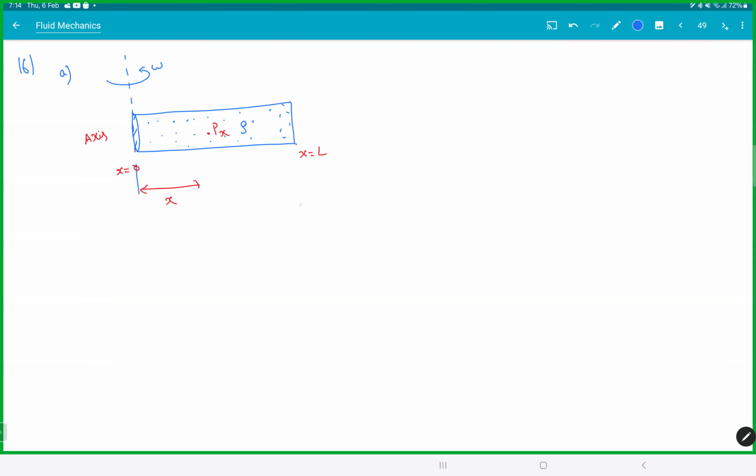Neglect gravity. Find the difference in pressure Px minus P axis. So what is the difference in pressure between these 2 points? It's a standard result, which you should definitely mug up.